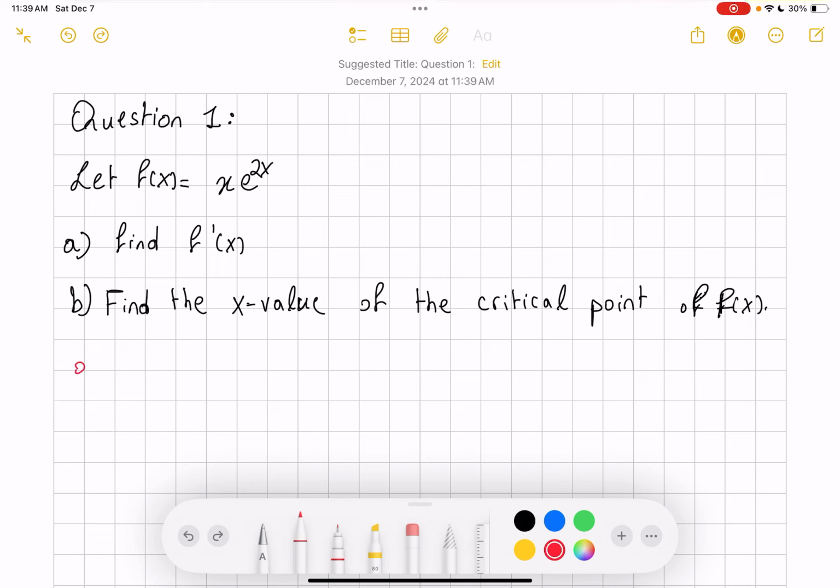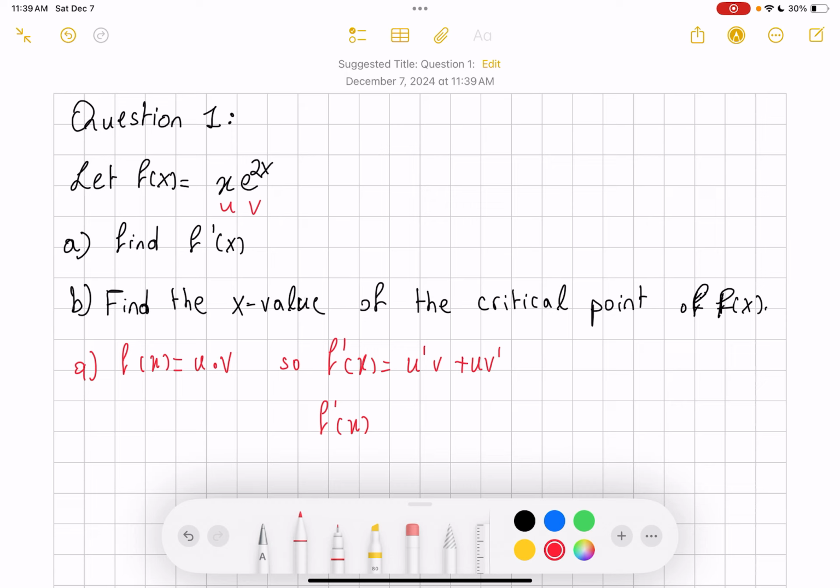So basically, since f of x is of the form u multiplied by v, because this is a product of 2 functions, f prime of x is going to be u prime v plus u v prime.